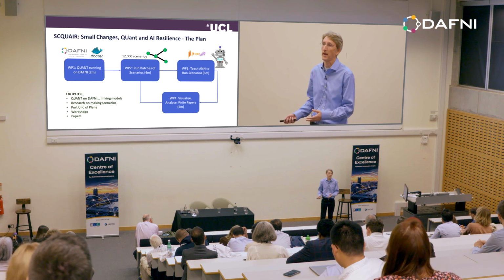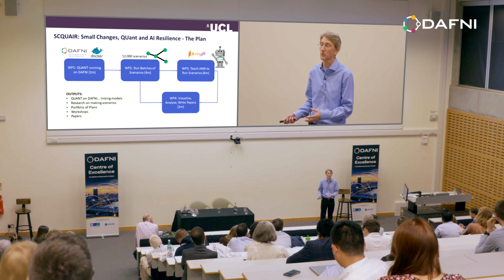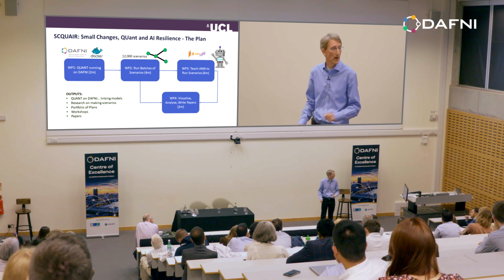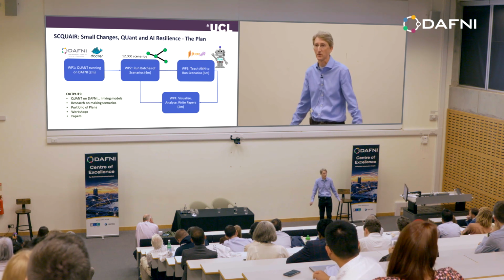So the idea is that we could use either an existing scenario that an urban planner has built and say, okay, optimize this for the carbon budget, improve this model, or we can use the ANN to build its own models from scratch. Work package 4 is to visualize, analyze, and write papers.